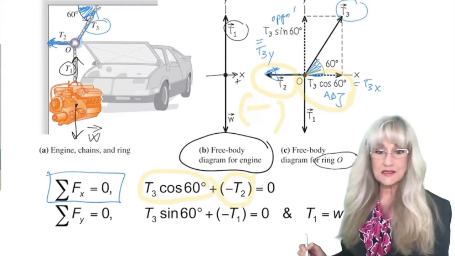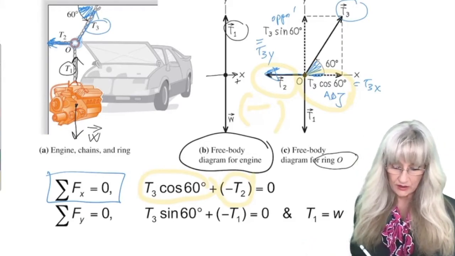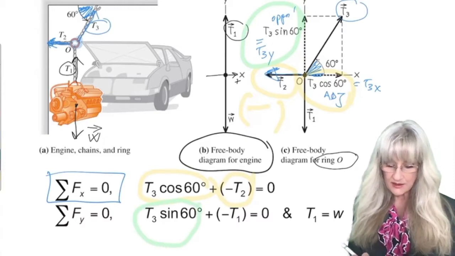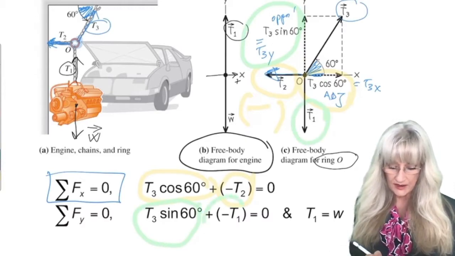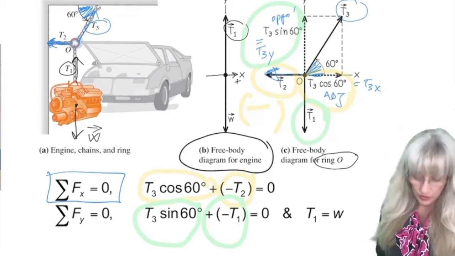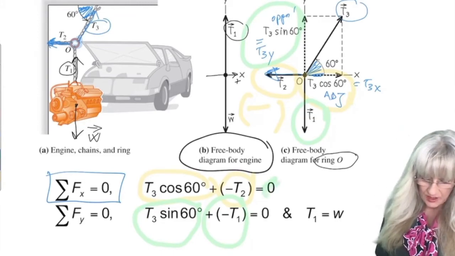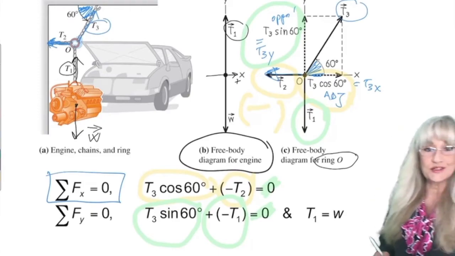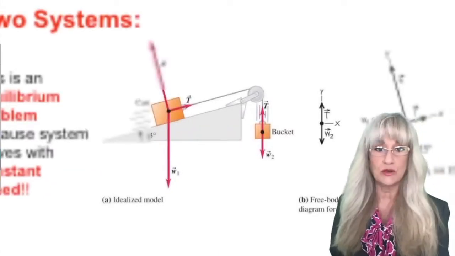On the y-axis, I'm going to highlight it in green. You have T3y right here. And then you have T1 negative because it points downward. Don't forget to set them equal to 0 and to solve those equations at the same time.